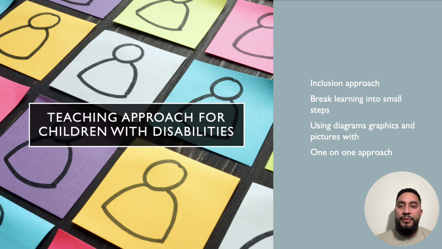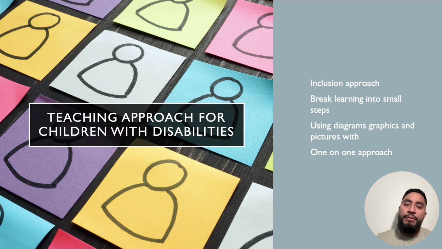In addition to that, we can break up the lesson into smaller steps where they are able to understand the concepts of our lesson for the day, and use diagrams and graphics with pictures so they can have a better understanding of the lesson.